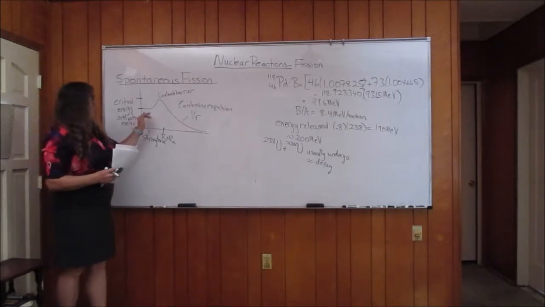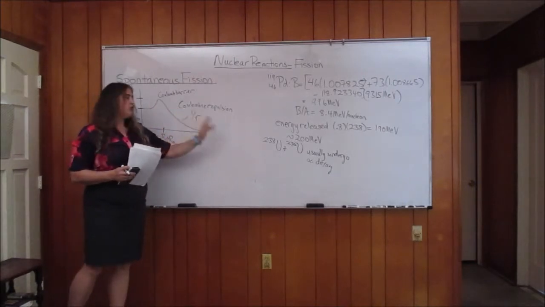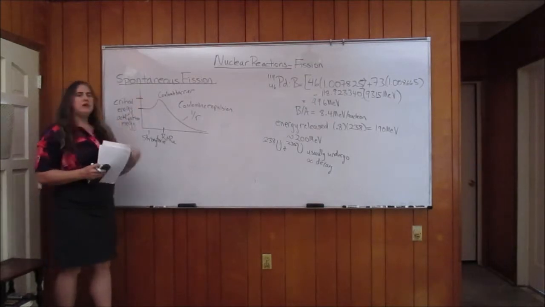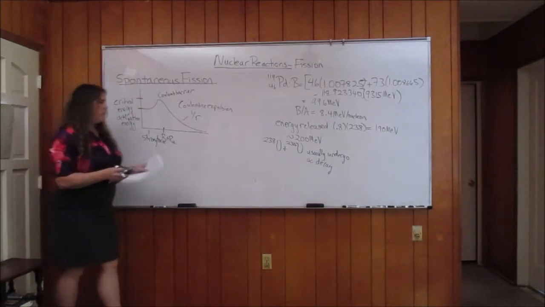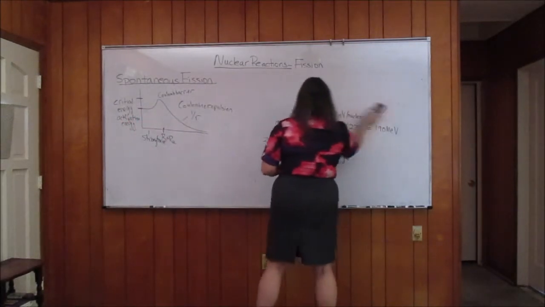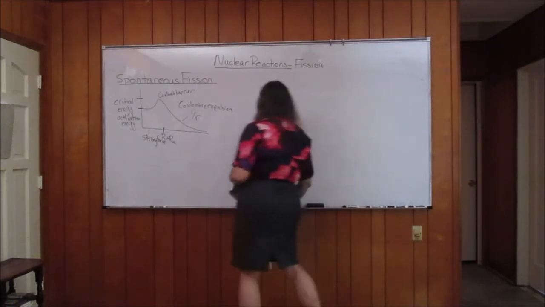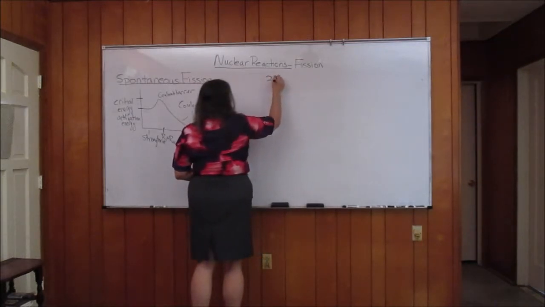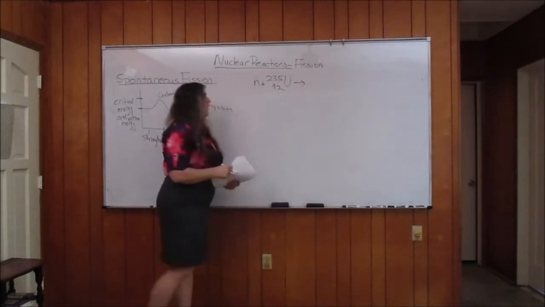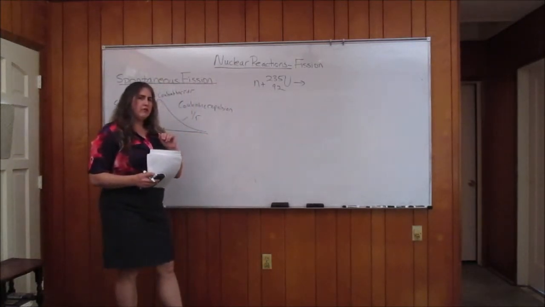Okay? So the question is, how in the world can you cause uranium-235, and as it turns out, this will not be the case for uranium-238, how can you cause it to have enough energy to get over this Coulomb barrier? So, one way of doing that is to allow a neutron to react with uranium-235.